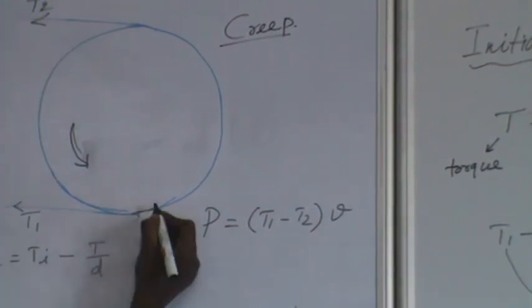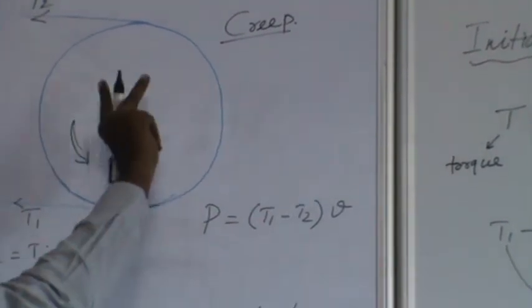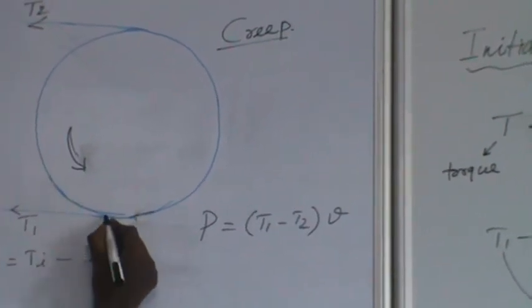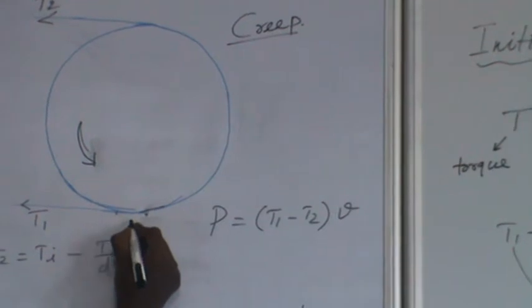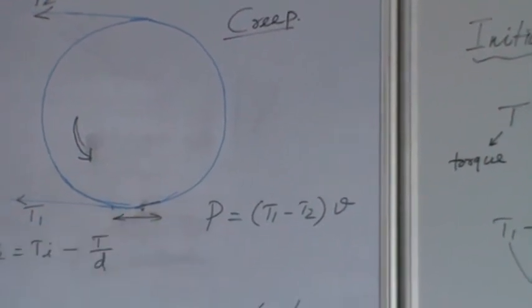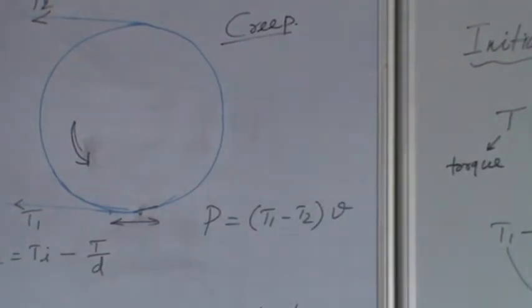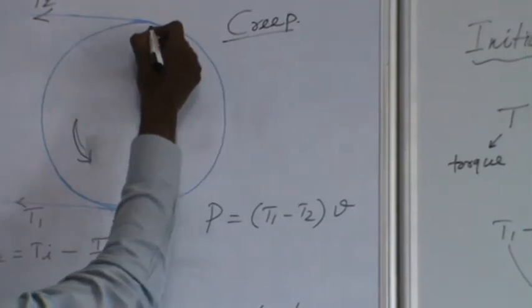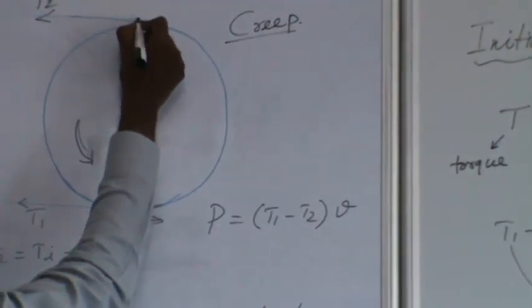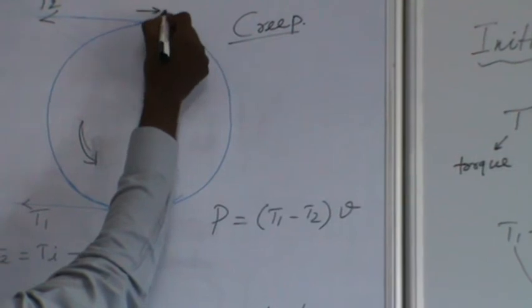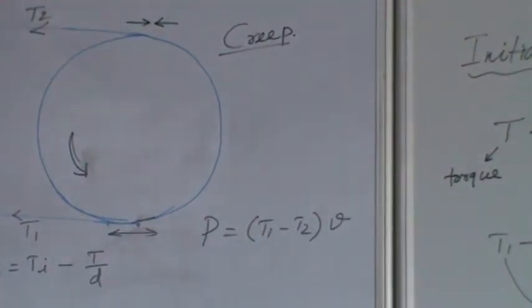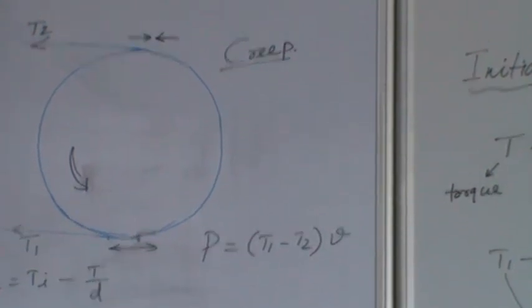When the pulley rotates, it is pulling the belt, so there is a small change in the length of the belt. The length is slowly decreasing, due to which there is some velocity decrease.